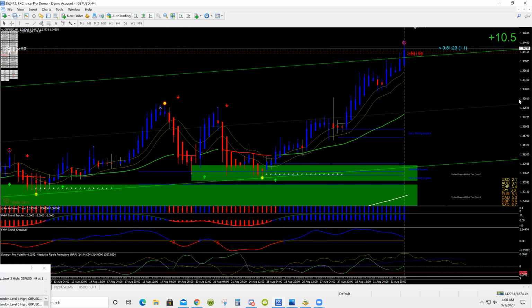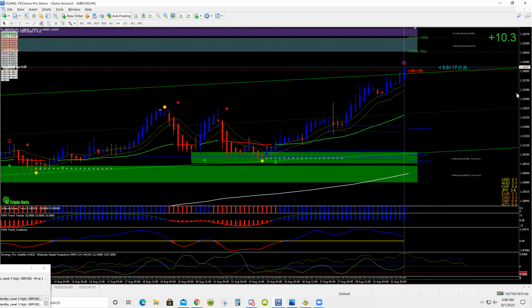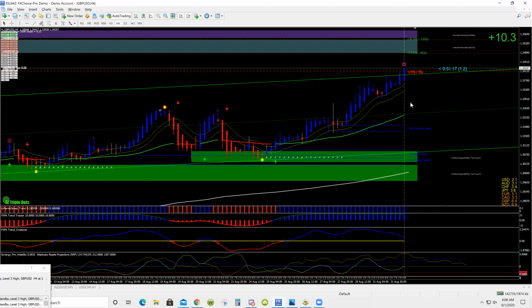I have it tight for a reason, because it's already at the top. Anytime you're in a trade and you're late in the game, keep your stop losses tight, because it's going to invalidate that trade faster than anything.